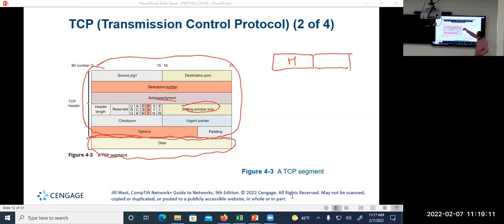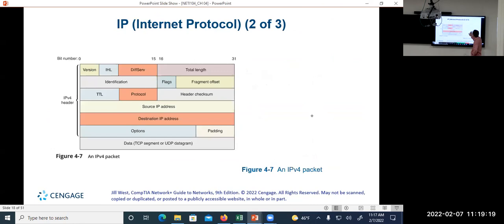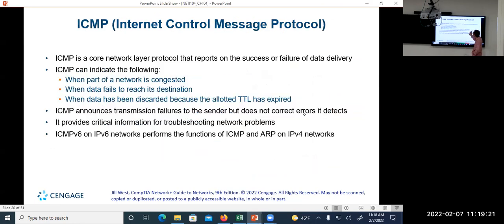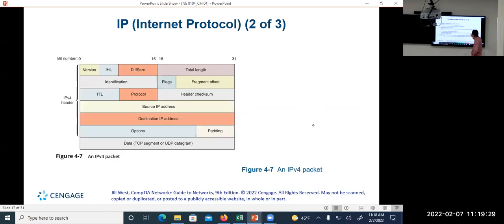You can compare this with UDP to see the difference. Let me show you UDP here. Oh, I don't have the UDP here. Let's check. Sorry.